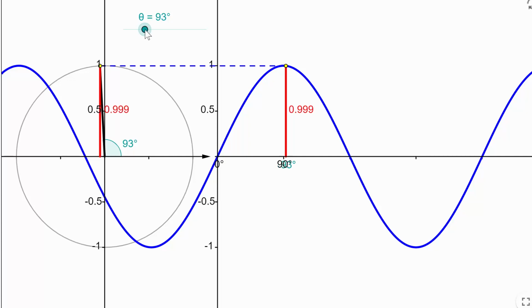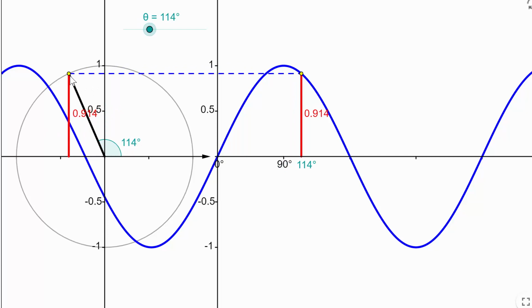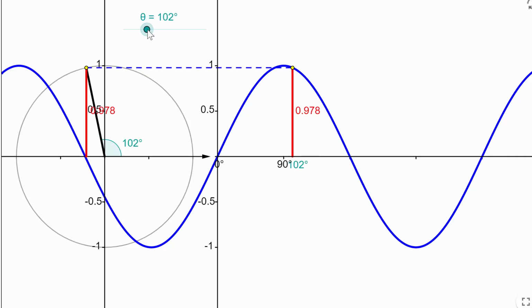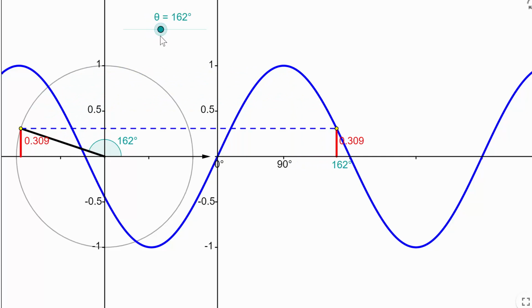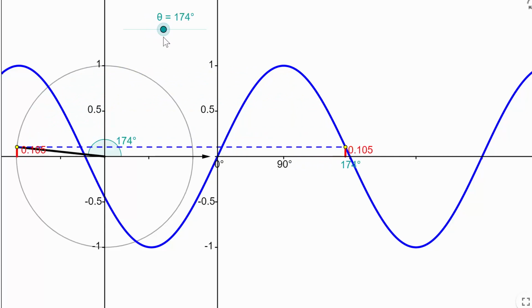Now, as we move around into quadrant 2, this red line starts to get shorter again. And so the graph decreases over there until we get to 180, where the sine is 0 again. And so we can see the point 180, 0.